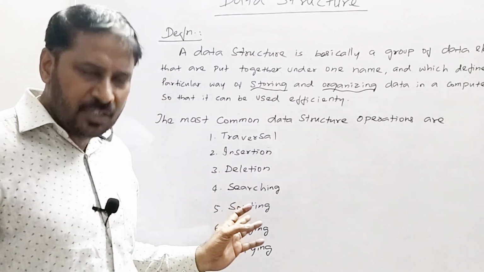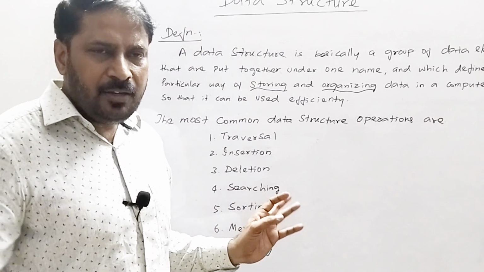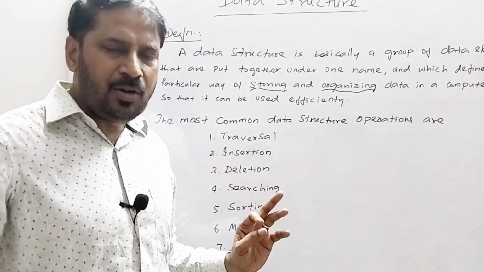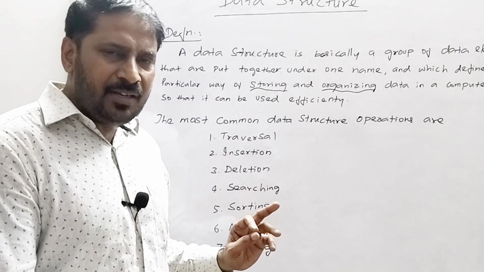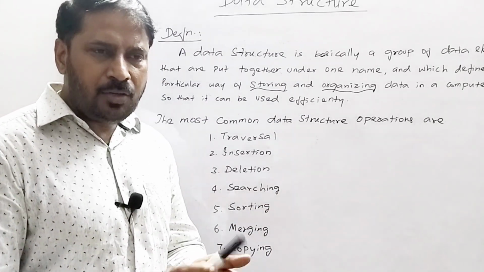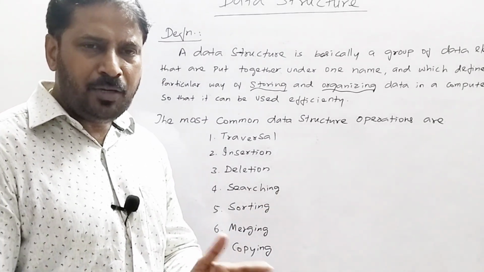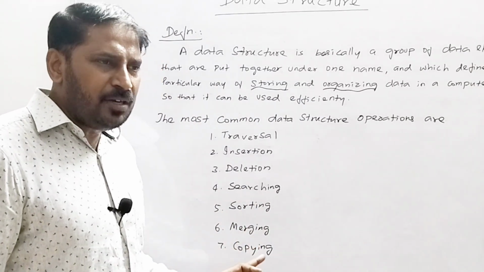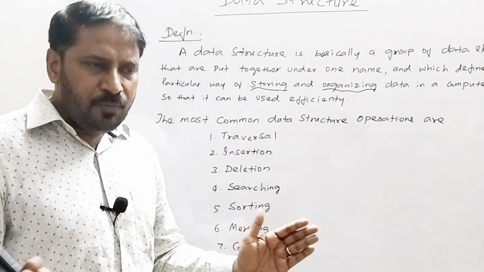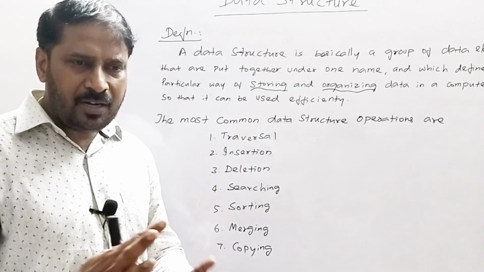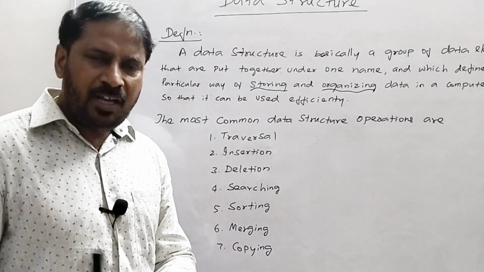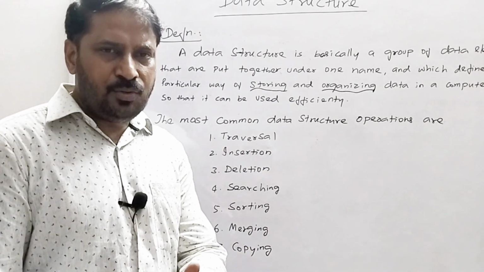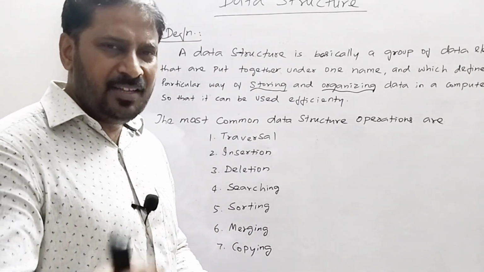Then sorting. Just now I told you, in the first case, they form one line according to height-wise order. This we call sorting. And in the pencil case, we are sorting according to color-wise order, grouping together. This we call sorting. Merging is nothing but, after our process is over, hereafter I am not doing any process on the pencils, so we merge them together and keep them in a single bag.